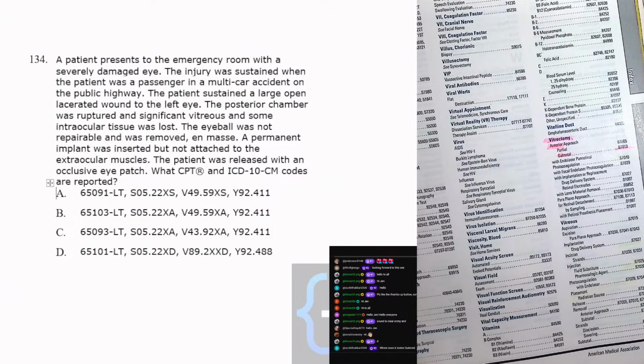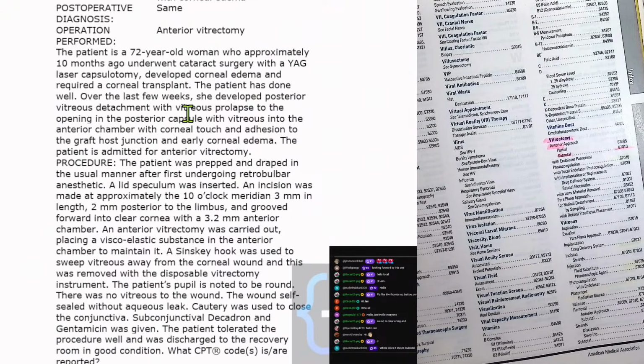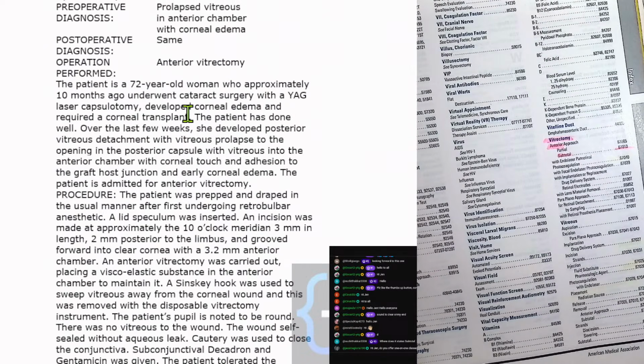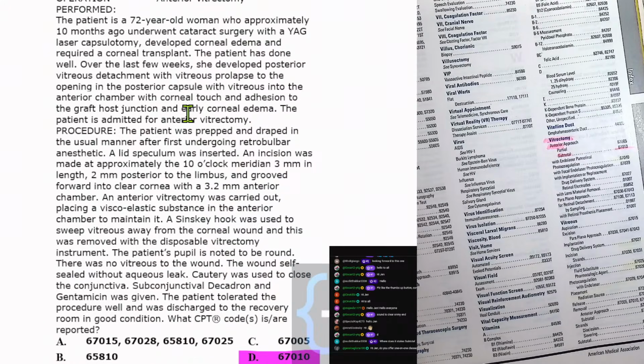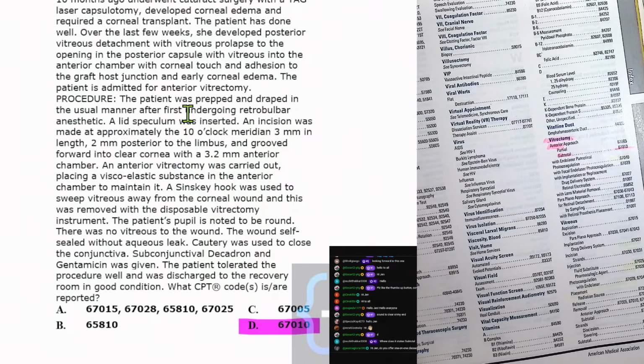What do you guys think is the answer for this one? If you only removed the anterior side of the chamber, is that a partial or subtotal? They want to know if you know that difference.